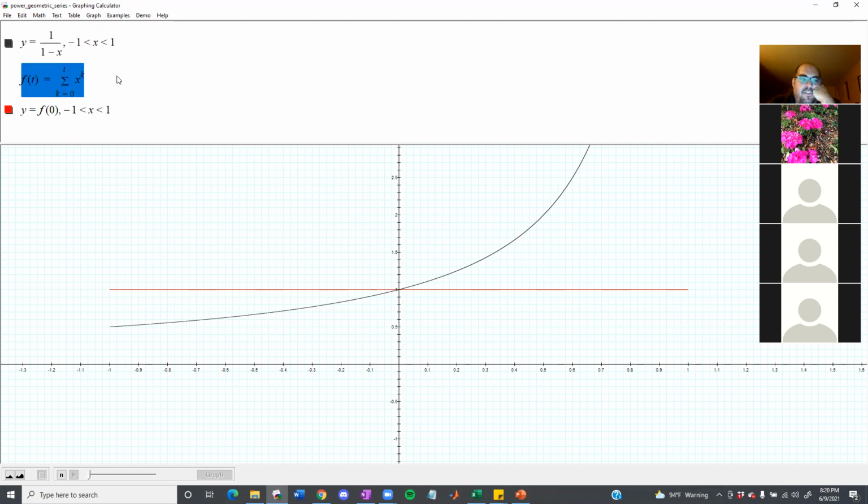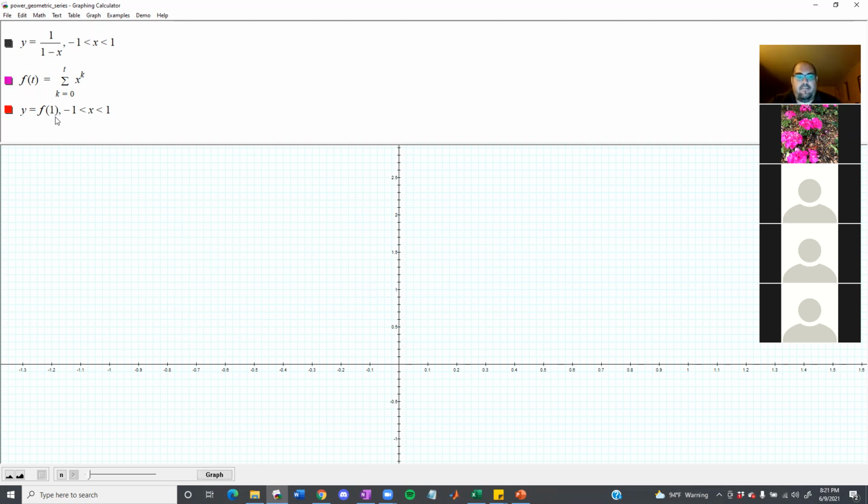And this function I'm defining here, I'm letting that variable give me how many terms in the power series I'm going to get. So when f is equal to 0, all I'm really graphing is y equals 1. If I put in 2 terms, it's a straight line.